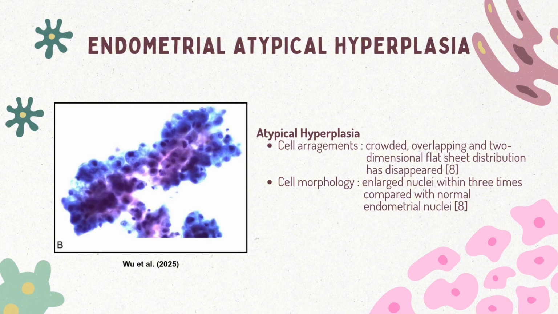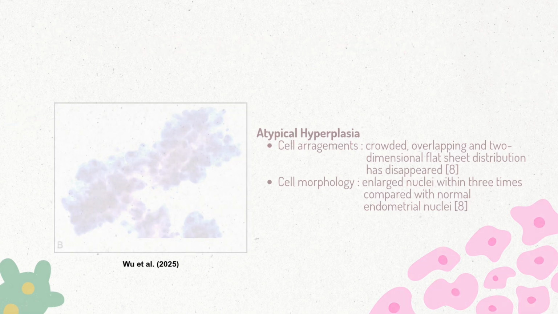Here, the cells appear crowded and overlapping, and the typical two-dimensional flat sheet arrangement disappears, showing the beginning of architectural complexity. For the morphology, the nuclei are enlarged, but only within 3 times the size of normal endometrial nuclei. These features suggest atypia, but not yet carcinoma.